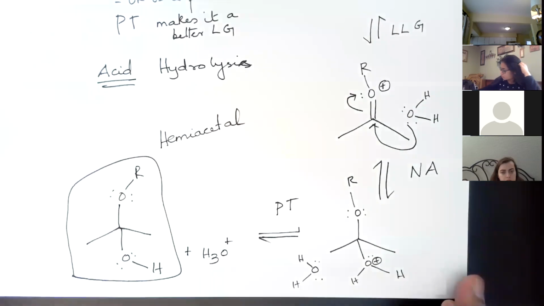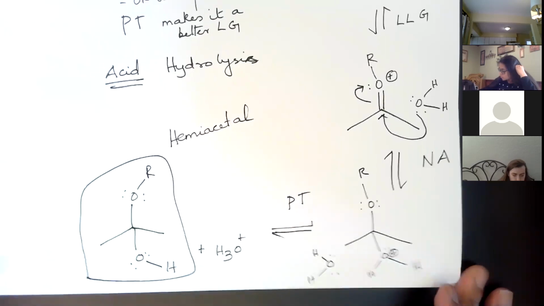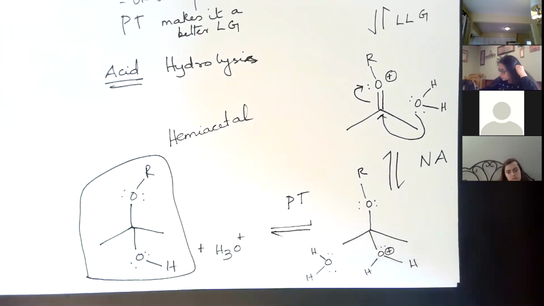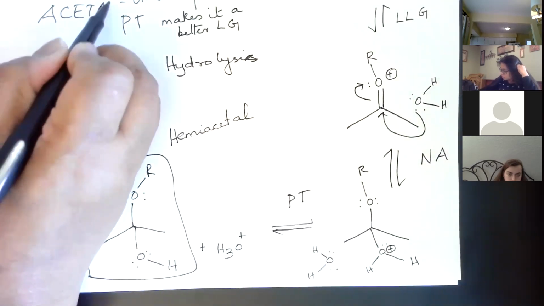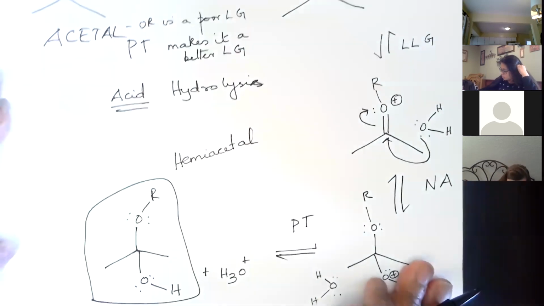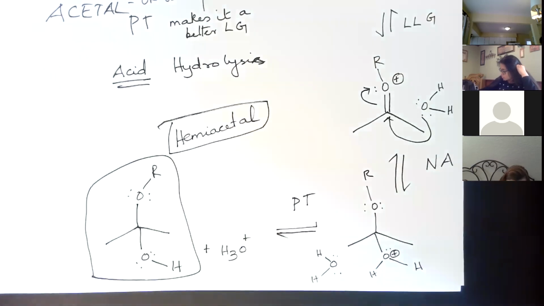In mechanisms like this, which are long-winded, remember when we formed the acetal, we went through the formation of the hemiacetal. Now you're going back in reverse, you're rewinding. So acetal to hemiacetal, halfway through or more than halfway.